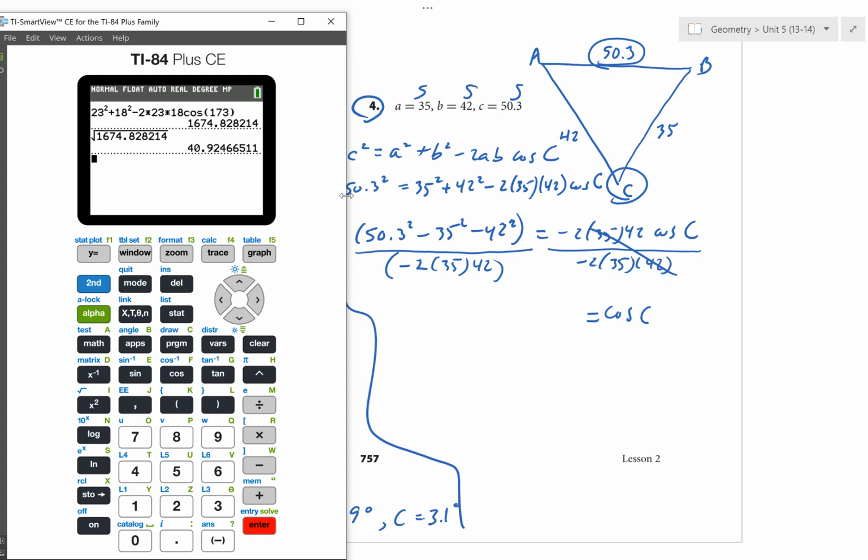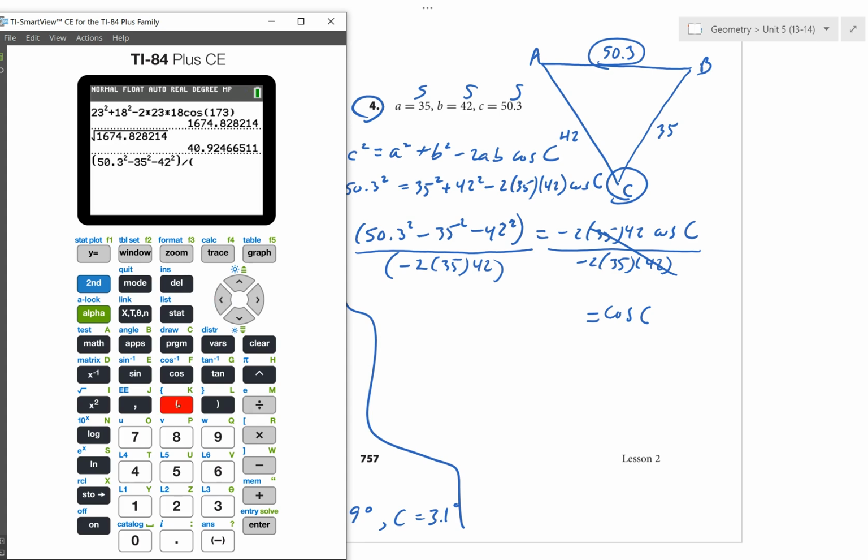I have to start with parentheses and put in the top: 50.3 squared minus 35 squared minus 42 squared. Close the parentheses for the top. And now divided by, start parentheses for the bottom.